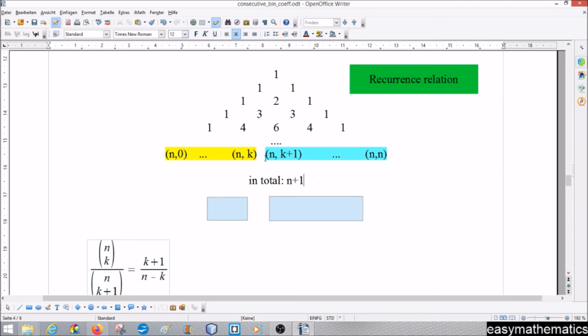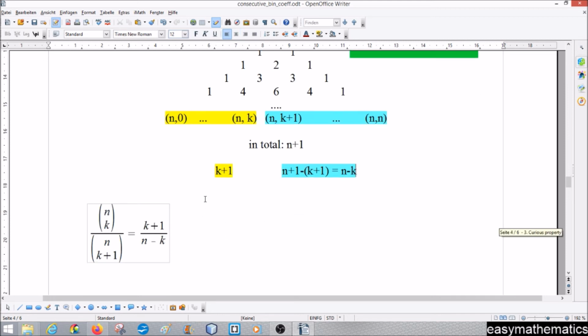If we take two consecutive binomial coefficients, then on the left side we have k plus 1 binomial coefficients, and on the right side there are n plus 1 minus k plus 1, so n minus k, binomial coefficients. And if you look at the statement, these two numbers are exactly the ratio.